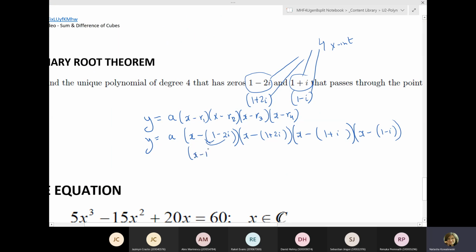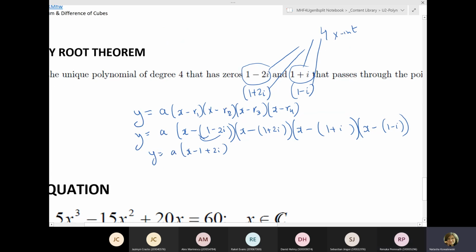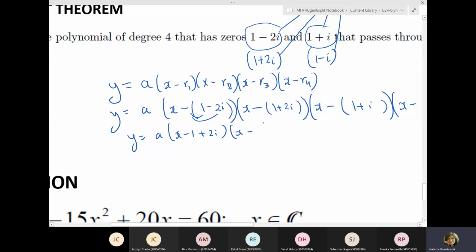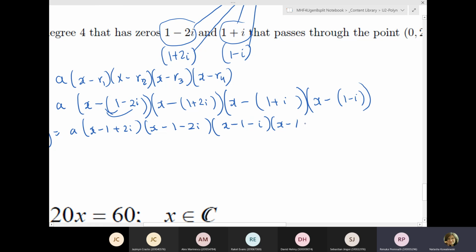So start off by removing the inner brackets first. So we'll have x minus 1 plus 2i. Do you agree? Yes. And the second bracket would be x minus 1 minus 2i. And then the third bracket, x minus 1 minus i. And lastly, x minus 1 plus i.